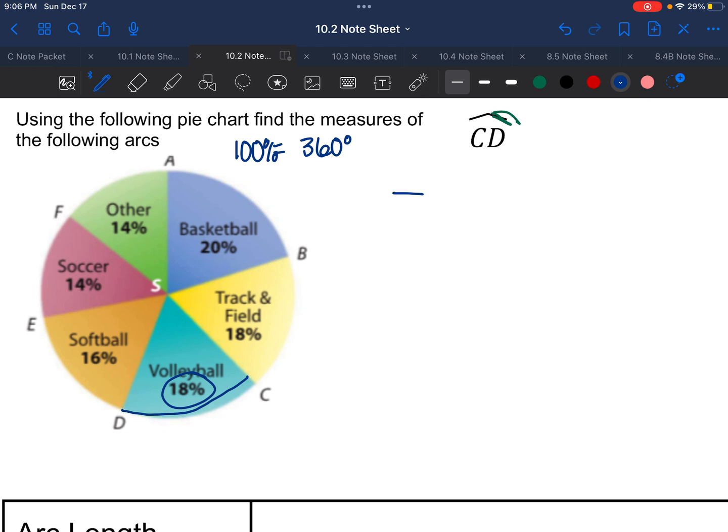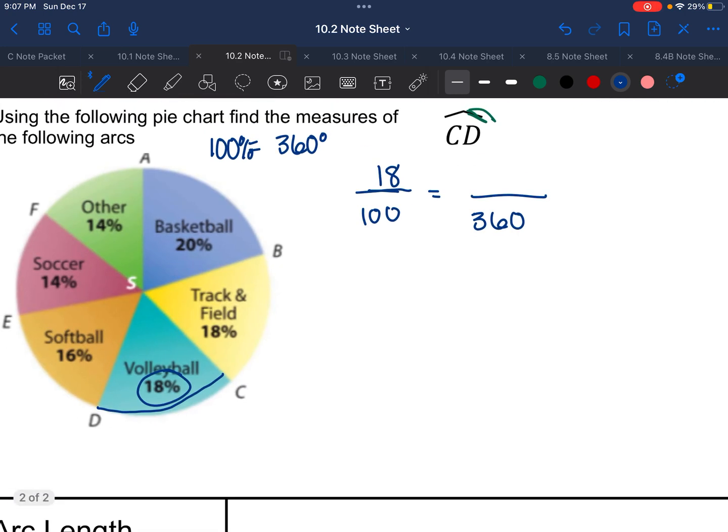So we're going to make a proportion here. 100% of the circle, the whole circle in degrees, that'd be 360. We know the percentage for this arc is 18. Let's find the degrees for this arc. On the top here, I am doing this arc specifically, and this bottom part is for the whole circle.